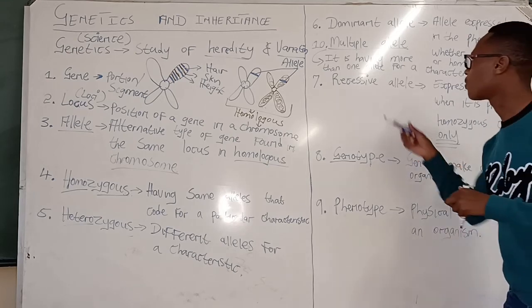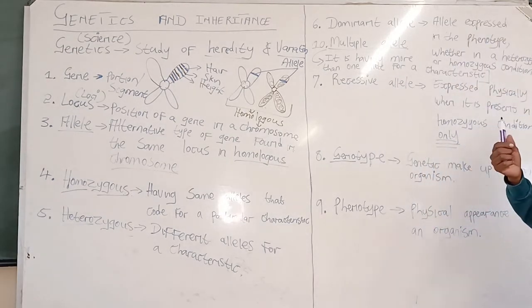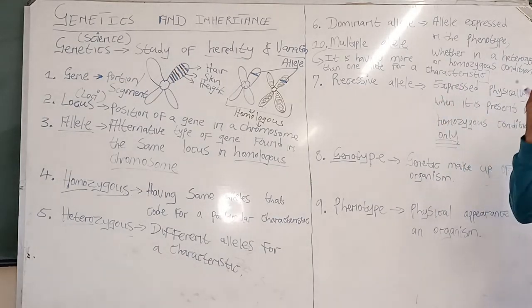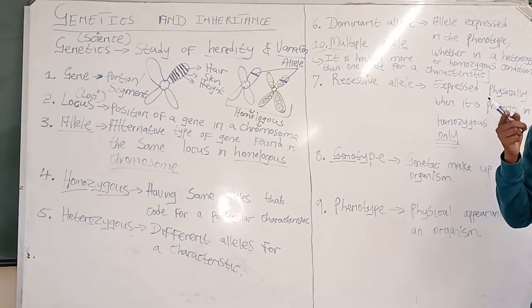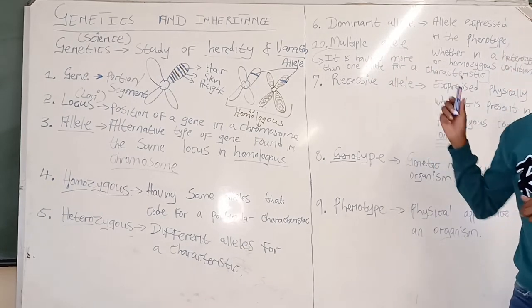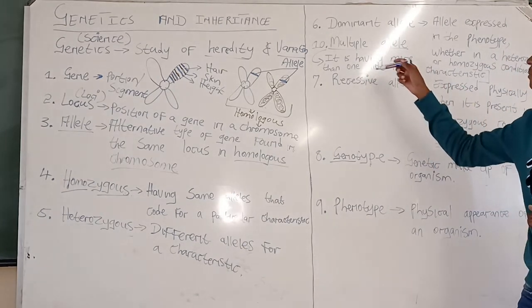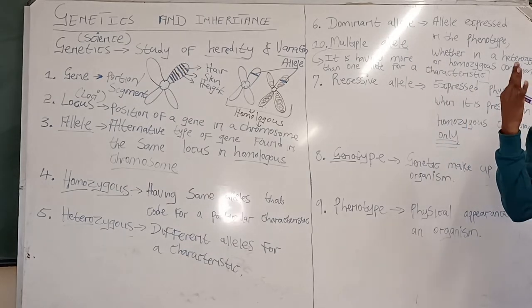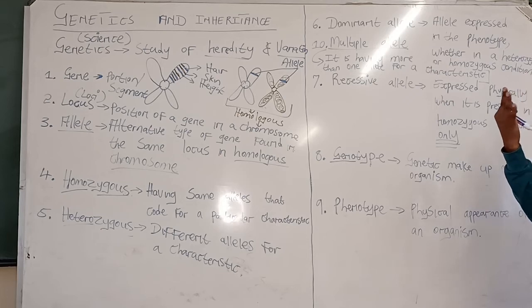So you will see when you talk about blood groups. The blood groups are influenced by more than one allele, meaning they are influenced by multiple alleles. We're going to focus on blood groups, and you will see that we have three of these alleles. These 3 alleles give us different types of blood groups, because we have 4 blood groups but they are influenced by only 3 alleles.